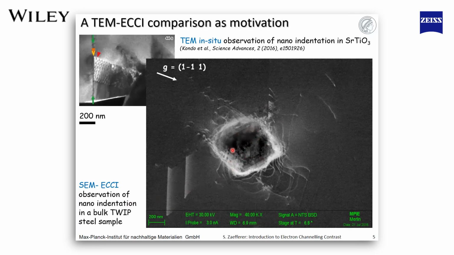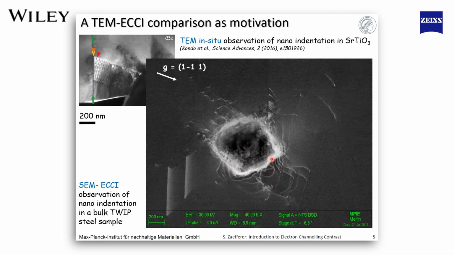Of course, during the indentation we couldn't observe this process because the indenter is right in front of the material, so the electron beam cannot see the material at that moment. But we can withdraw the indenter and then observe what has happened.